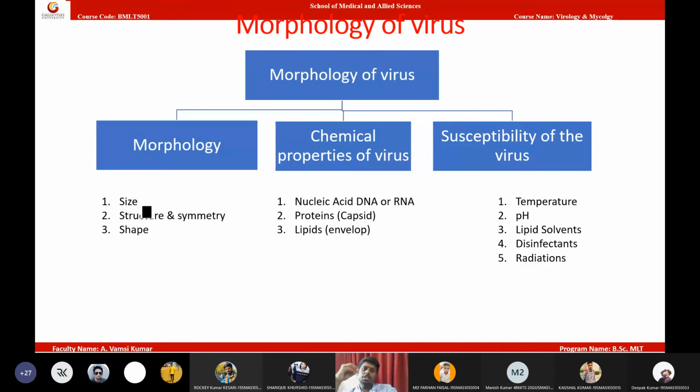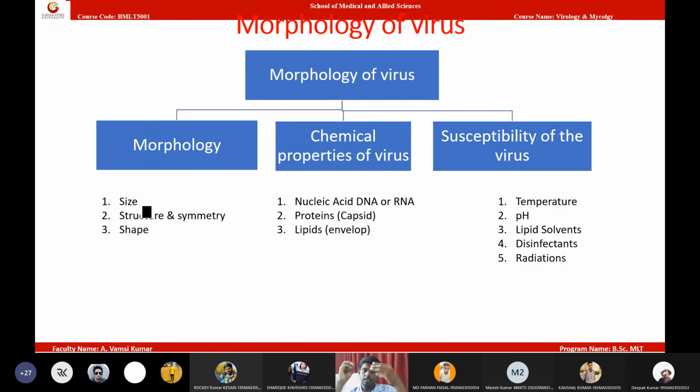Then just tell me the basic structure of the virus. What are the components present in the virus? We have genetic material. Then we have the capsid, together nucleocapsid. The capsid may have capsomers. Then it is enveloped or non-enveloped. Then tell me the types of symmetries of the viruses.